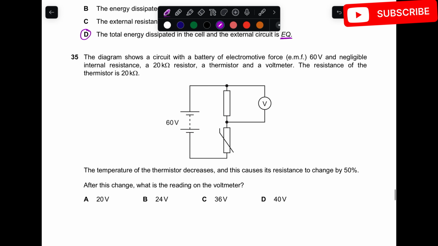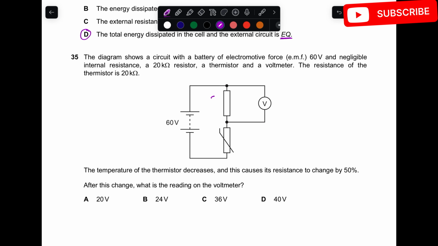In the next question, question 35, the diagram shows a circuit with a battery of electromotive force 60 and a negligible internal resistance. A 20 kilo ohm resistor, a thermistor, and a voltmeter are attached. The resistance of the thermistor is 20 kilo ohms. Okay, so the temperature of the thermistor decreases, and this causes the resistance to change by 50%.